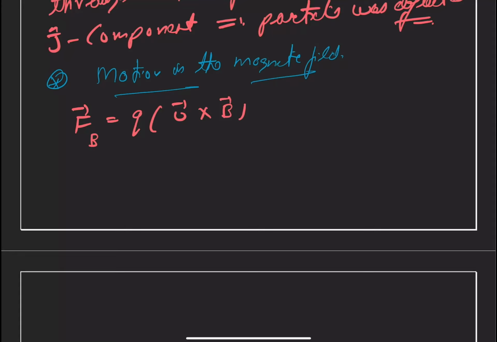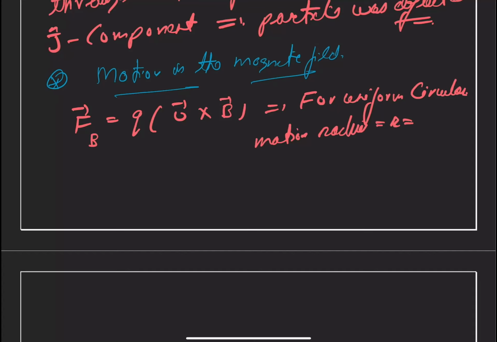And from here you can also say that for uniform circular motion, the radius r is given as mv divided by qB.